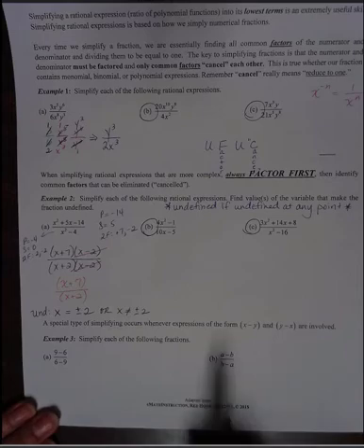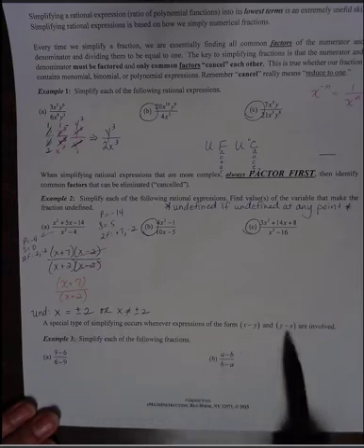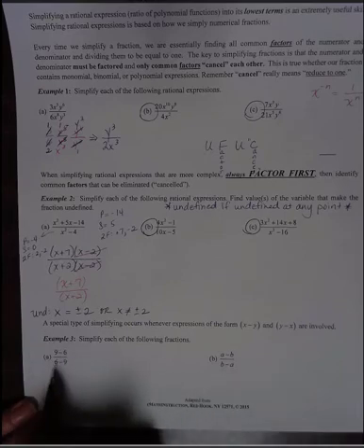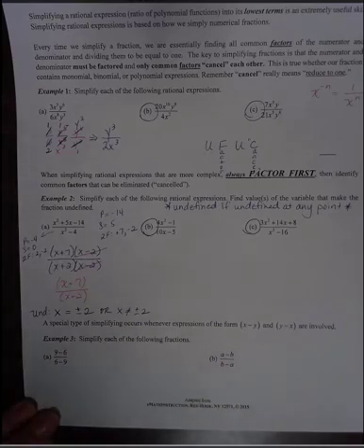Okay, so the idea is that you have two factors that look like they're almost the same, but not quite. Let's take a look at one with numbers, because simplifying fractions or rational expressions is very similar to how we simplified numerical fractions.